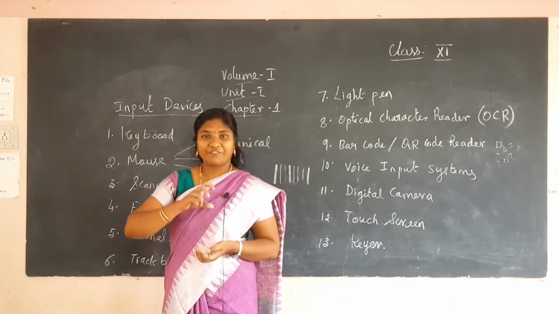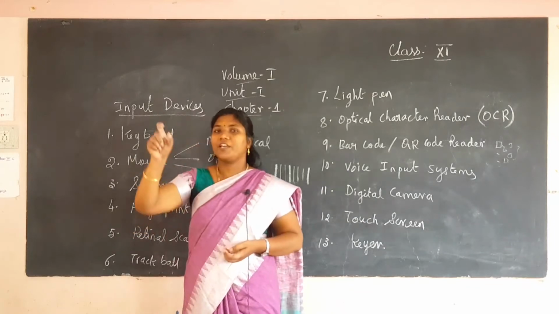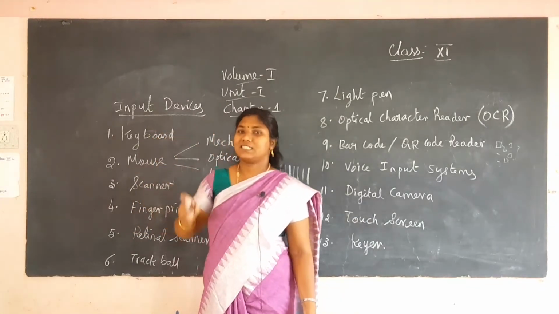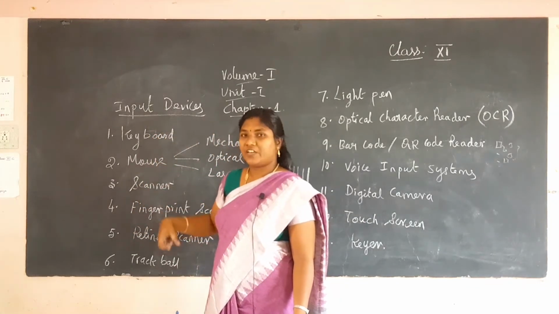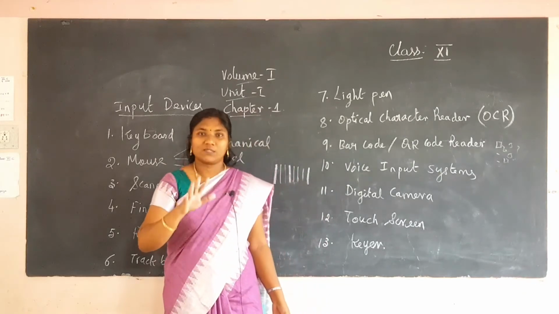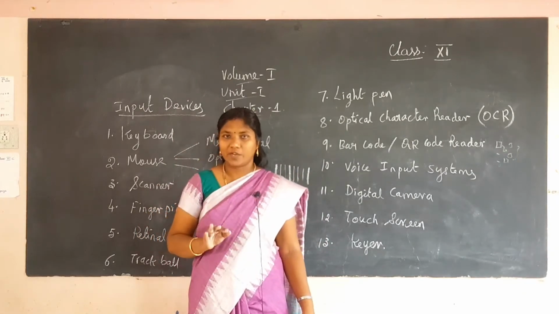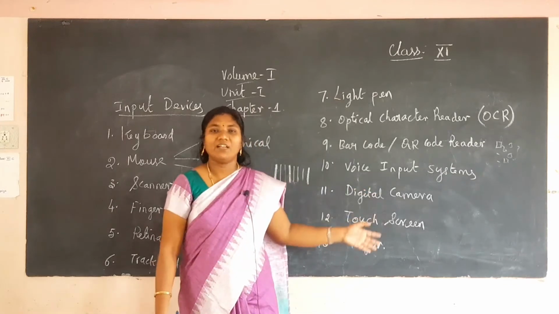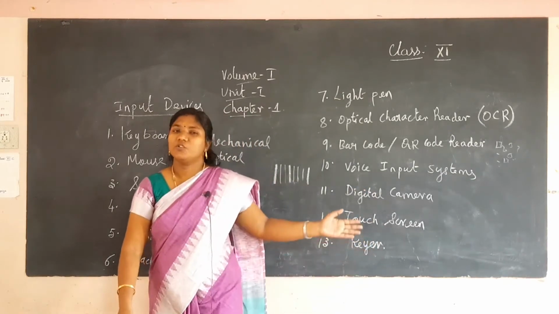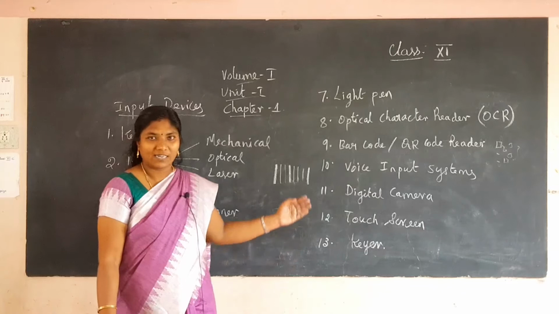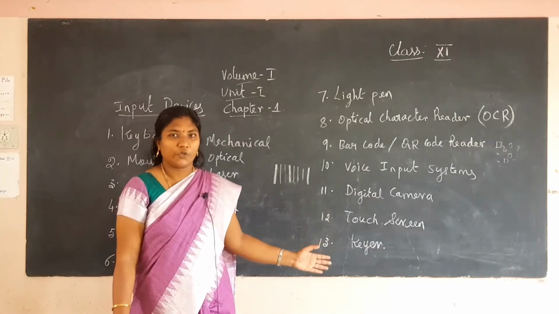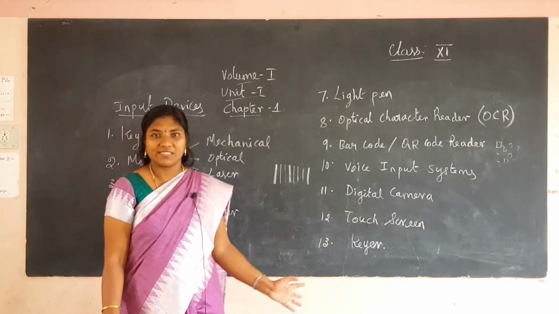Sometimes they might specify, explain the following input devices: care, touch screen, retinal scanner, fingerprint scanner. At that time you have to explain what they have asked. Okay. It is very easy for you, just go through it and read it once. So, it will be very clear to you. Okay. So, these are all the 13 input devices.